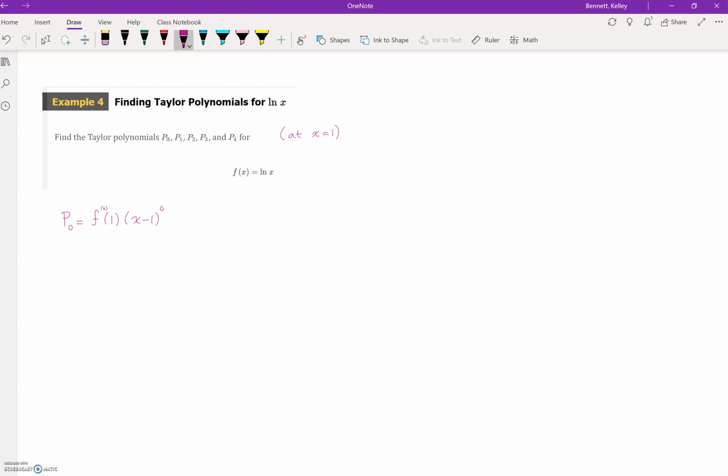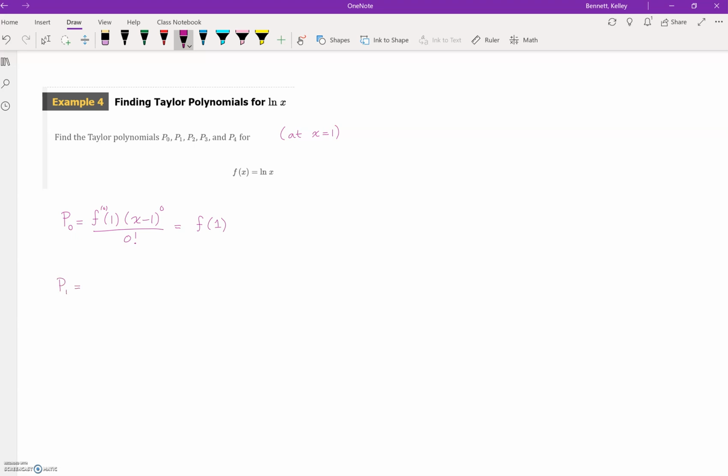So if I really were to write out every single thing that goes into this, that's really what it looks like. However, the 0th derivative is just f of 1, like we said, and x minus 1 to the 0th power is just 1, and 0 factorial is just 1. So P0 is just the function given, ln of x, evaluated at the value 1.